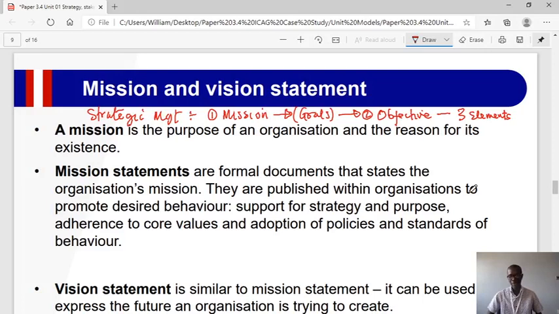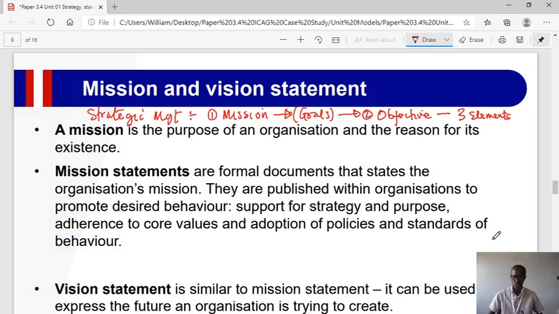They are published within an organization to promote desired behavior and support for strategy and purpose, so that whenever we make our strategy, it supports the purpose. It's the starting point of our strategic management. It also helps adherence to core values and adoption of policies and standards of behavior.